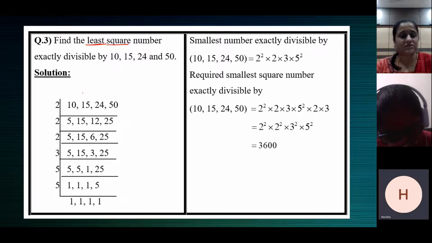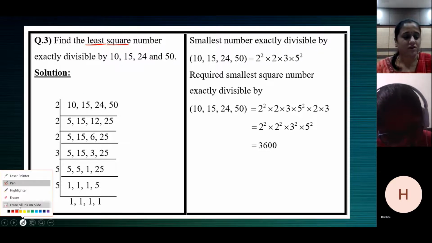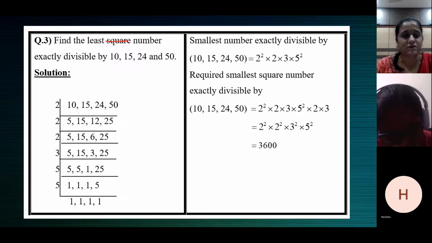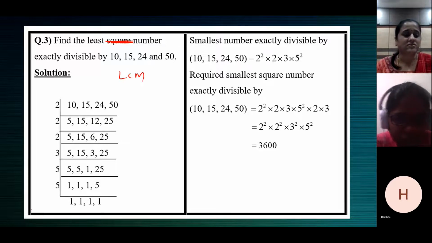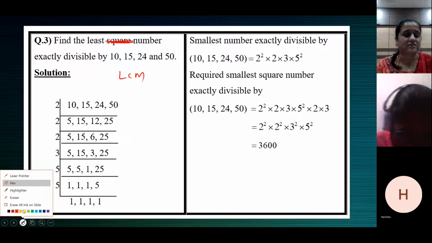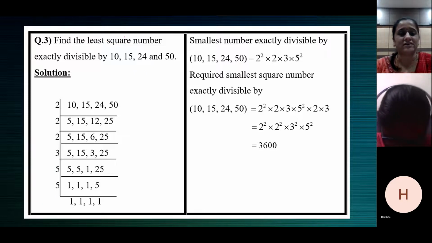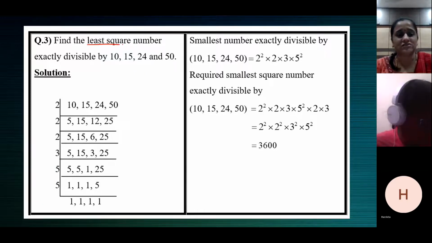Supposing the question was, find the least number exactly divisible by 10, 15, 24, and 50, then it is the LCM. If this word was not there, the least number is the LCM. This is 5th or 6th standard. Now we are in 8th standard. The question is find the least square number.